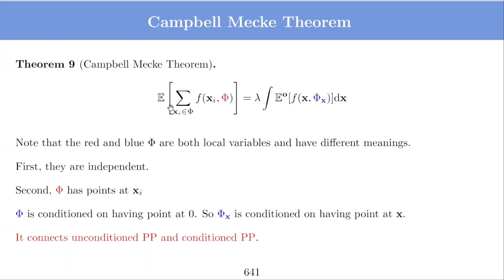So the Campbell-Mecke theorem connects the unconditional point process to the conditional point process. If I have a summation over the unconditional point process, how can I write this in terms of a conditional point process? And to further solve it, you would require knowledge of the Palm expectation. If you have it, then things become easier, right?